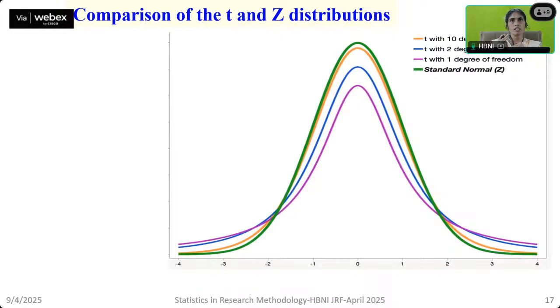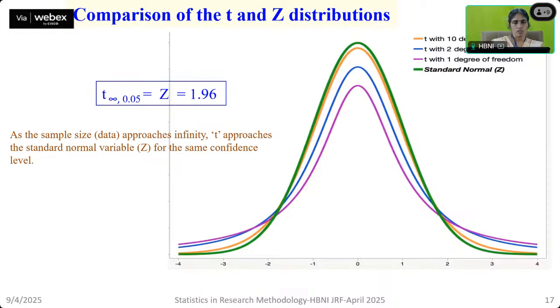As we increase the number of data points or degrees of freedom, the tail portions get lower and the curve becomes narrower, reaching almost the green curve. The ideal situation would be to mimic the green curve with a limited number of data points, which is almost impossible in real cases.